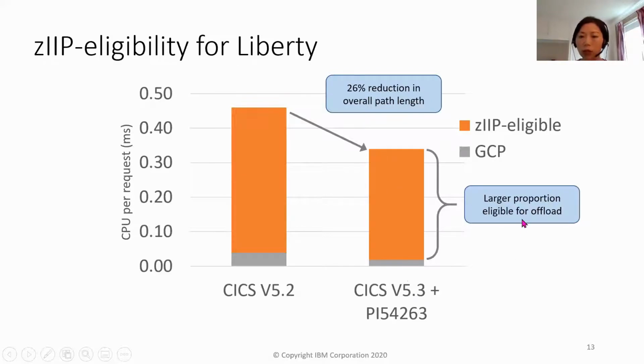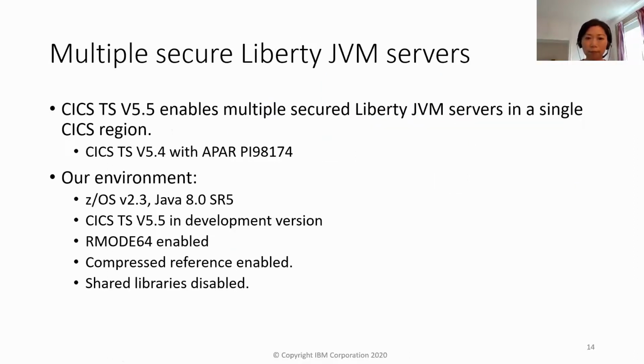And the portion eligible for offload to run on the zIIP has also increased in percentage terms. This is available in 5.3 as an APAR as well as upper levels of CICS, so it's already in 5.4, 5.5, and 5.6.